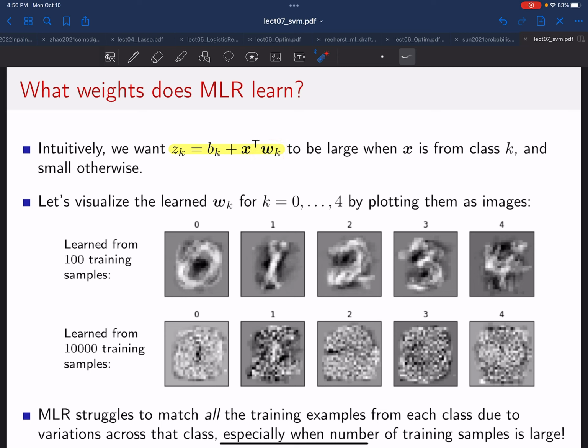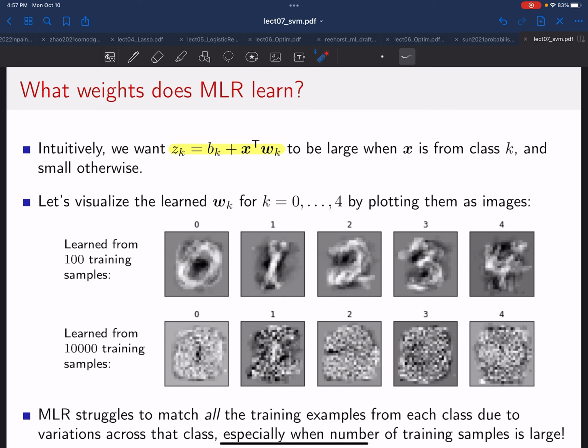So intuitively, I would say if you imagine that WK looks like a class K image, then when you do this inner product, you're basically multiplying every pixel of this template times every pixel in your test image and summing them up.